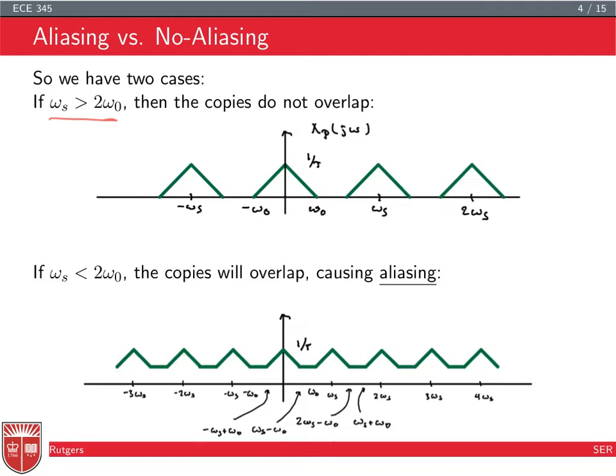Now, if you're sampling with a lower frequency, meaning you're undersampling your signal, meaning your Ts is big, so you're not sampling fast enough, then you're going to have aliasing because these copies are going to overlap and somehow you lose the shape of the original signal in the spectrum of the sampled signal. So you start seeing here that you don't know what's going on in this part here.